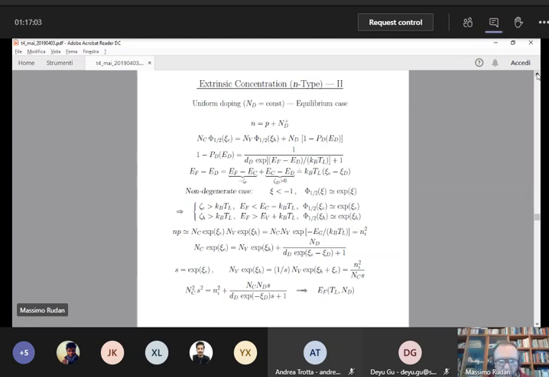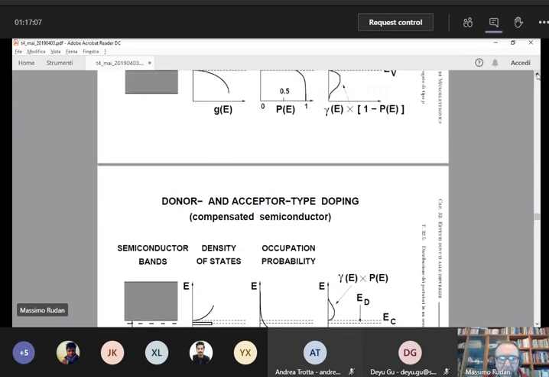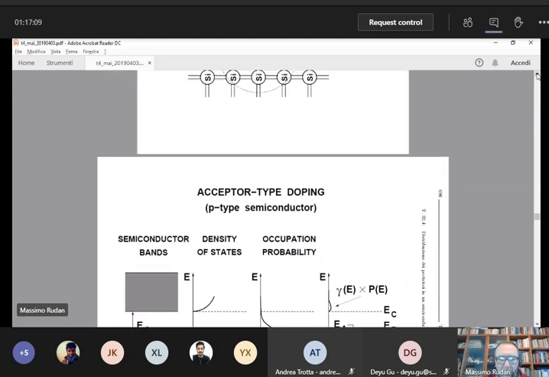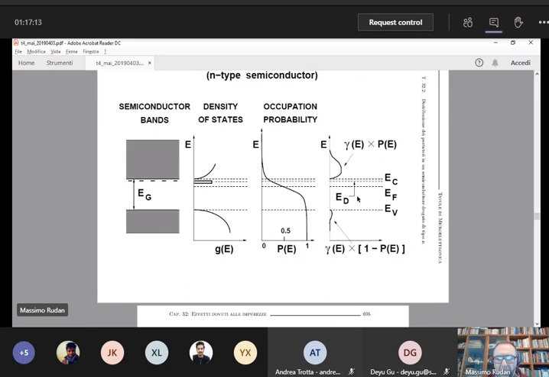Let's continue. Let's go back to the figure for a second, because we are still in the case of the N-type doping. We assume that EF is below EC by at least 1 kT and that EF is above EV by at least 1 kT.